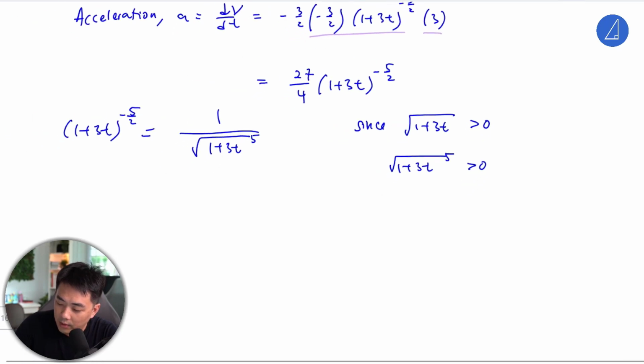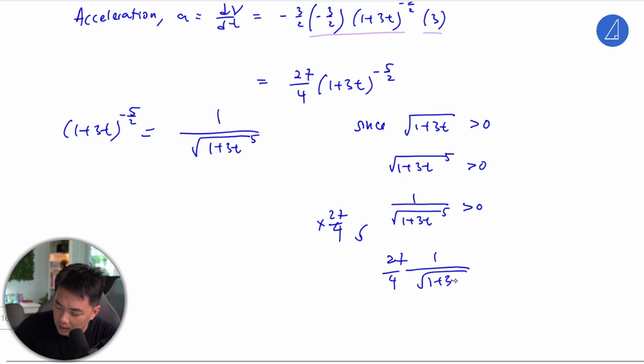When you take the reciprocal, 1 over the square root of 1 plus 3t to the power 5, it's also still bigger than 0 because it's positive. So multiplied by 27 over 4, this part is always bigger than 0.